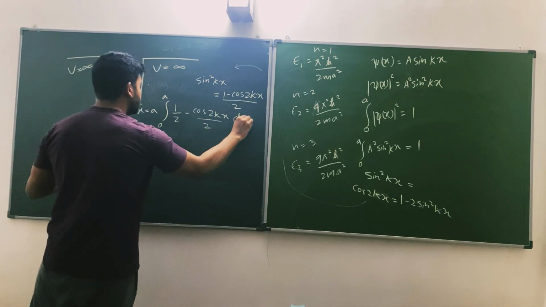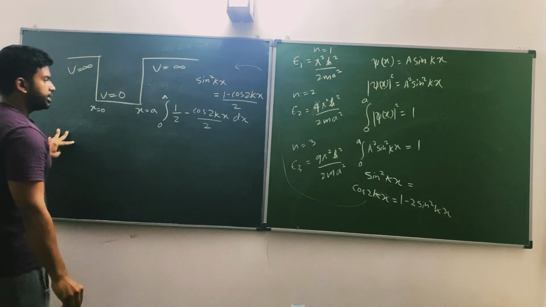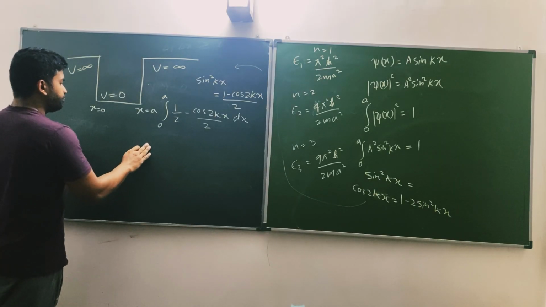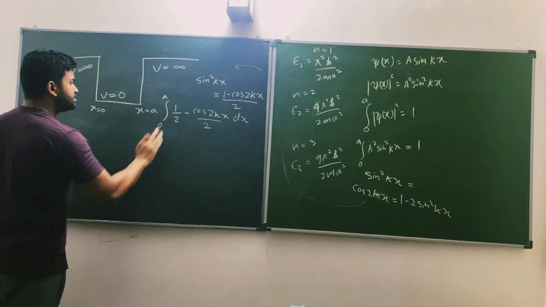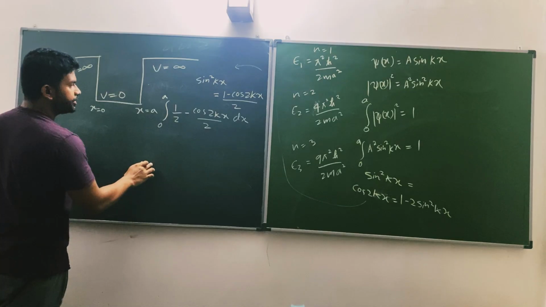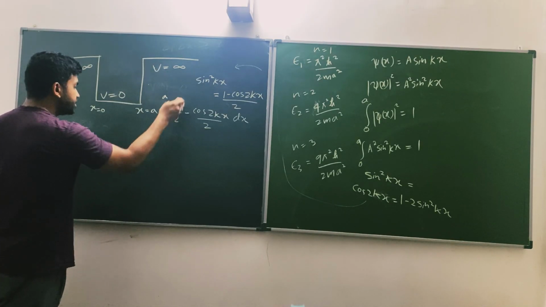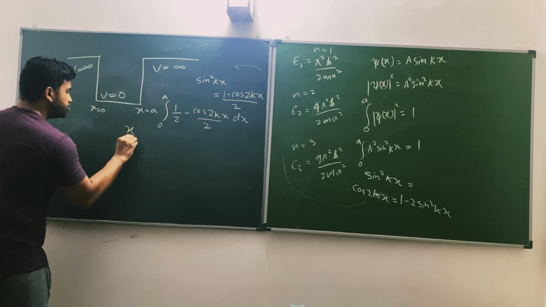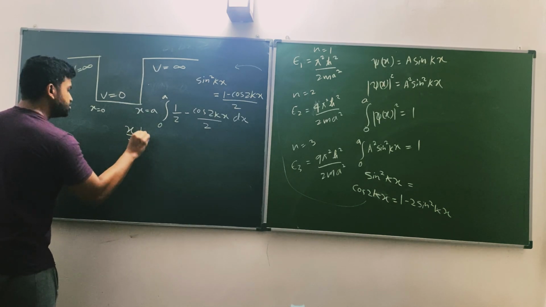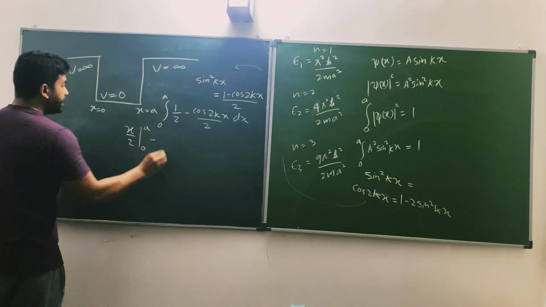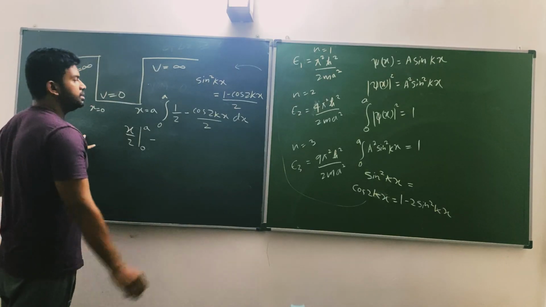My dx is waiting out here. Right, now I can take the integration of this one. It's pretty obvious now. I will end up with x over 2, if I take the integration of the first one, where this goes from 0 to a, minus cos 2kx.